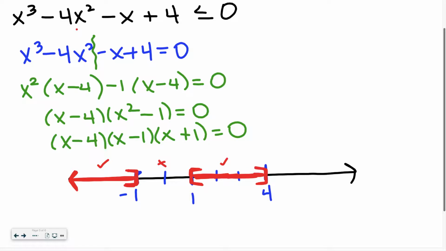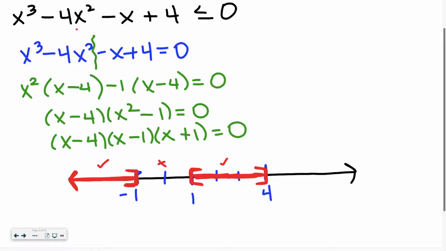And then after 4, I would say the easiest number to plug in would be 5. We would have 125 minus 100 minus 5 plus 4.